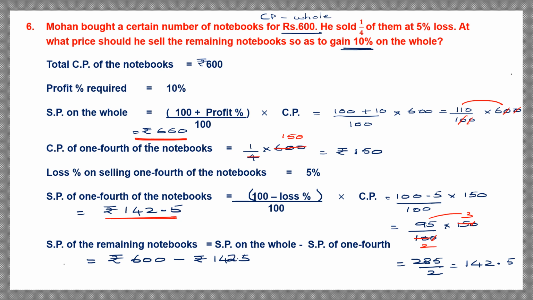So that is 142.50. We need to put 0 there because it is paisa. And when we minus these two, we get, so that is 660 minus 142.50, and that is 517 rupees 50 paisa. So this is the selling price of the rest of the books, that is the remaining books.